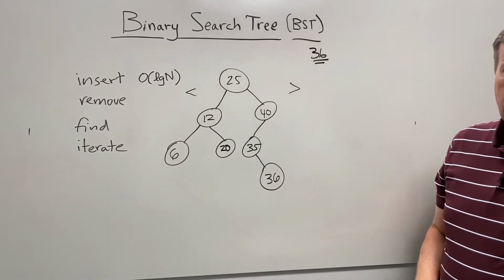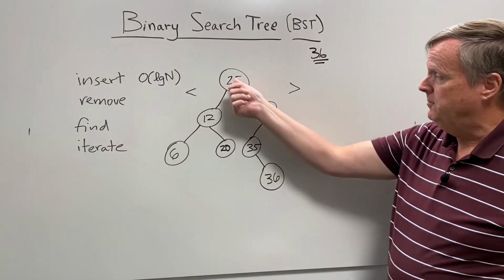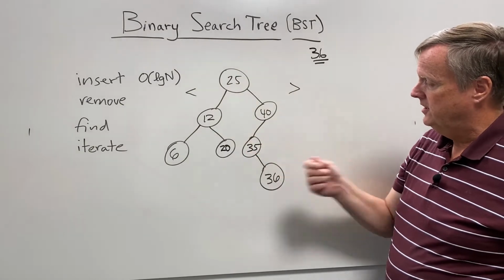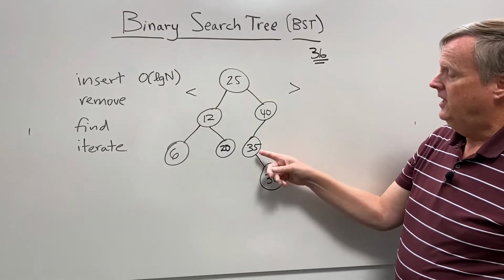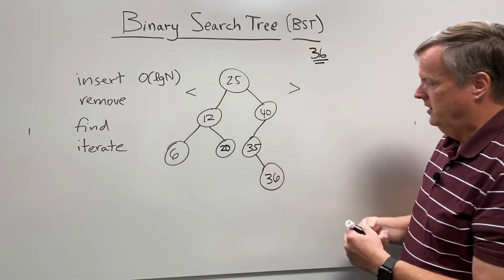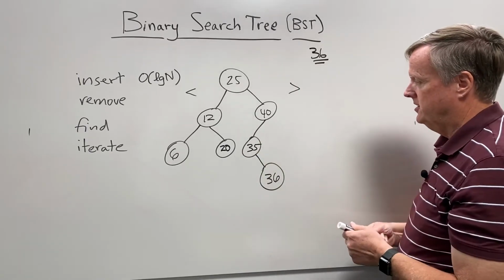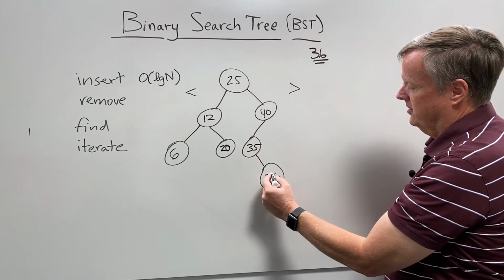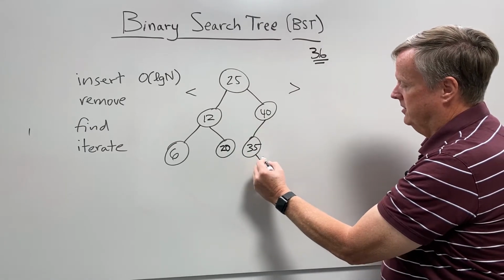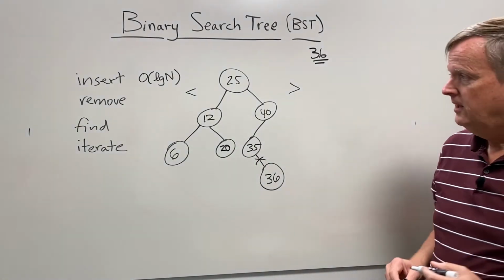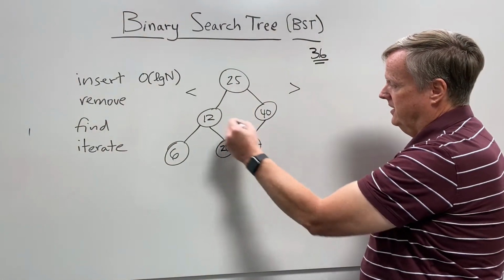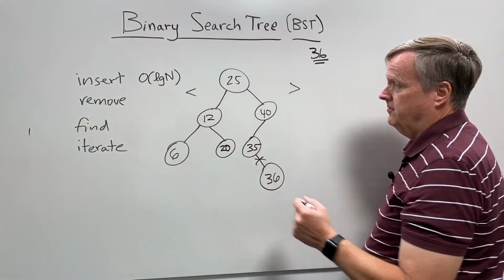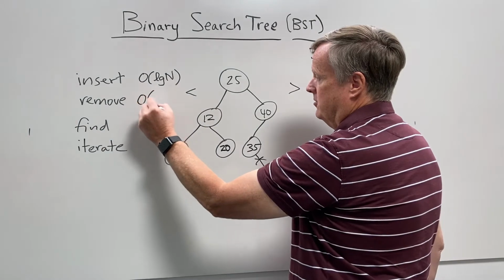How would I remove? To remove an element, I'm again going to walk through the same way till I get to the one I want to remove. Suppose I want to now remove the 36. I'm going to do this same walk down through here. I get to the 36. To remove it, I just simply null out that pointer. Okay, since that is again going down half of the elements each time, this is also order of log n.